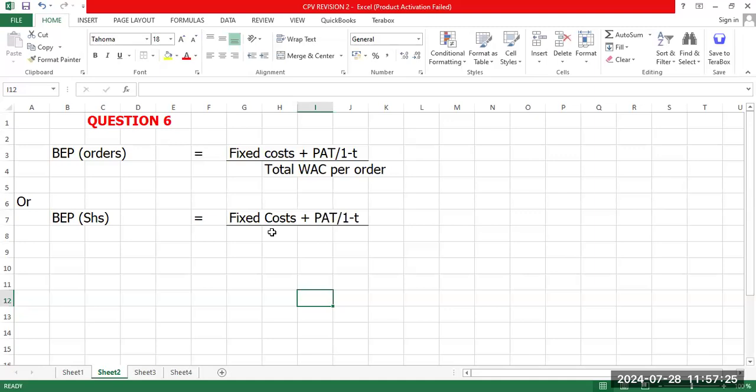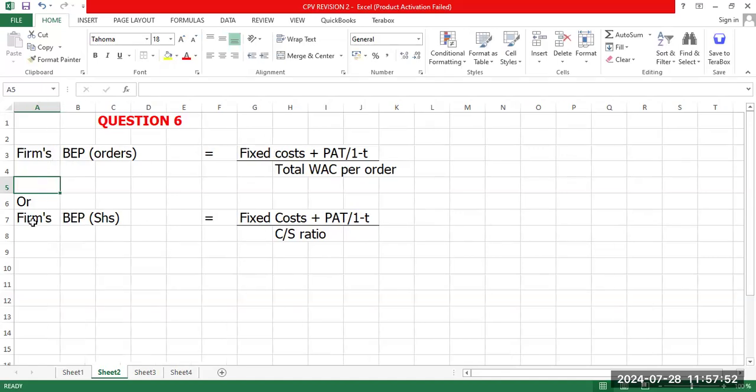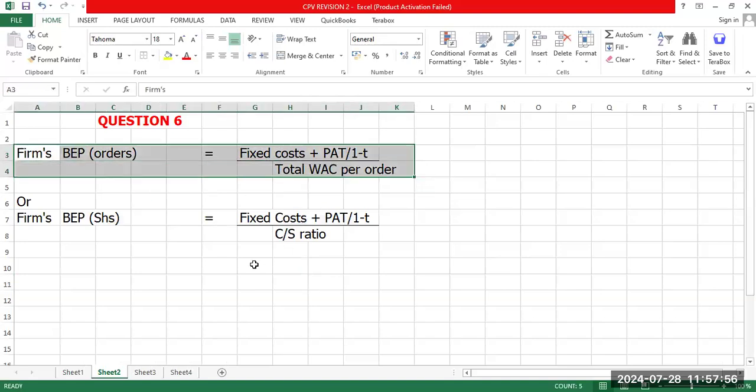We divide everything by the contribution to sales ratio. That's if you want to get the firm's break-even point in shillings. I think we can focus on this since we are now clear with this.